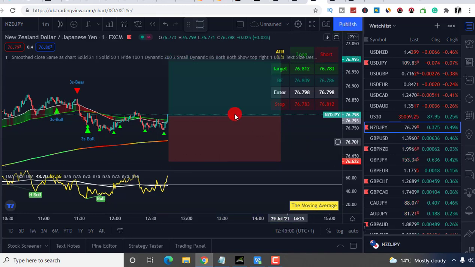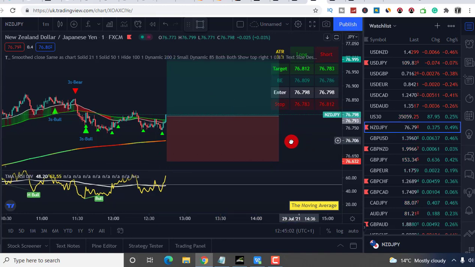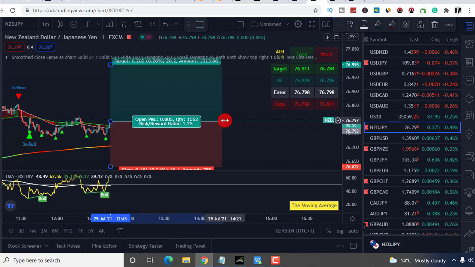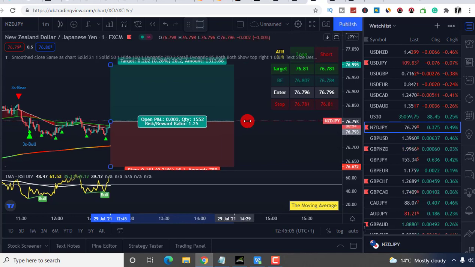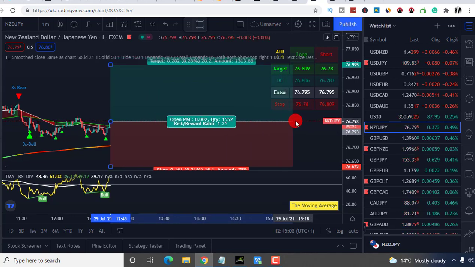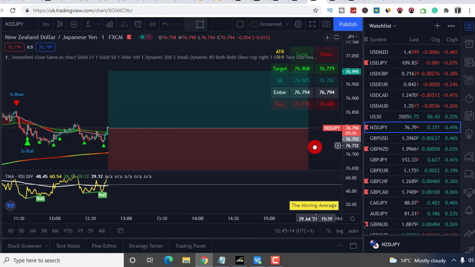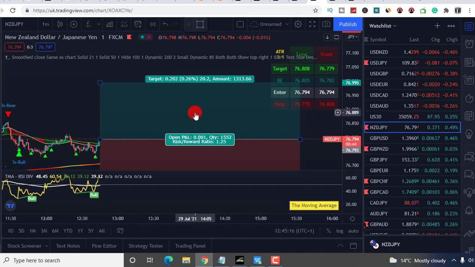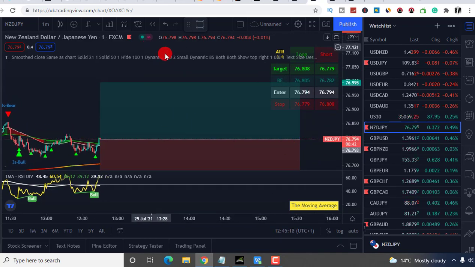So we're going to aim for this one, and then maybe drag this again all the way back. Now what we have over here is the third one, which is New Zealand dollar, Japanese yen.